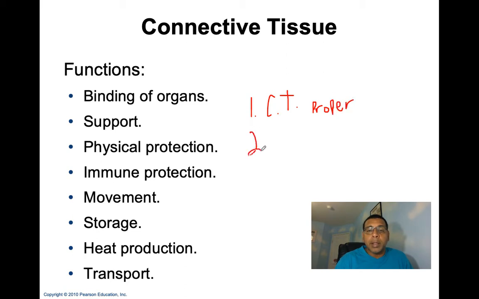Number two, we'll have cartilage. I'll abbreviate that with CART for cartilage. Number three will be bone. And then number four, we have blood.